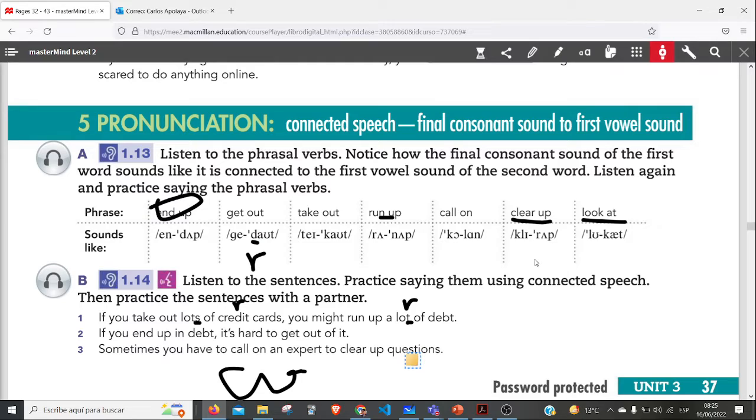Okay. Let me use my whiteboard. Okay. 1 second here.